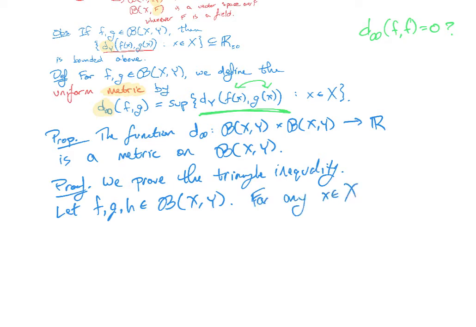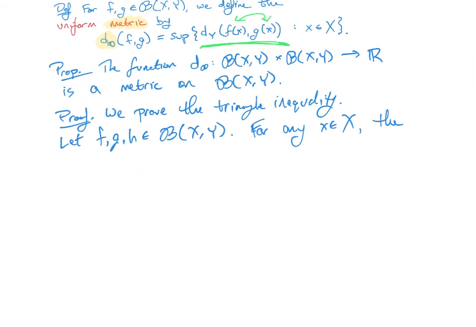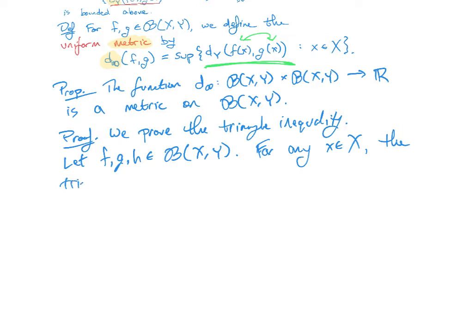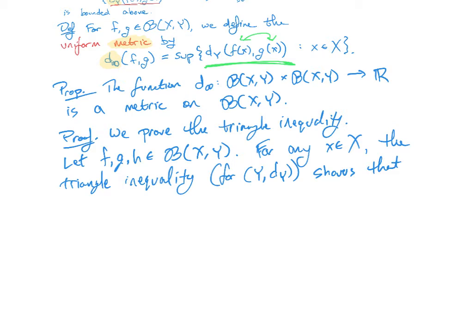So for any x, the triangle inequality, again, this is for the space Y, shows that if we look at the distance between F and H, that's the distance in Y. That's at most the distance from F of X to G of X, plus the distance from G of X to H of X.